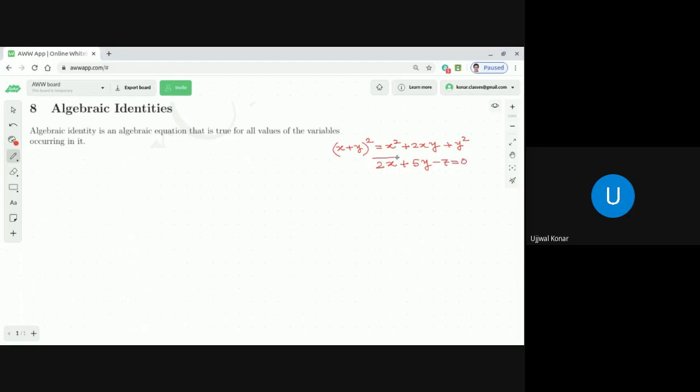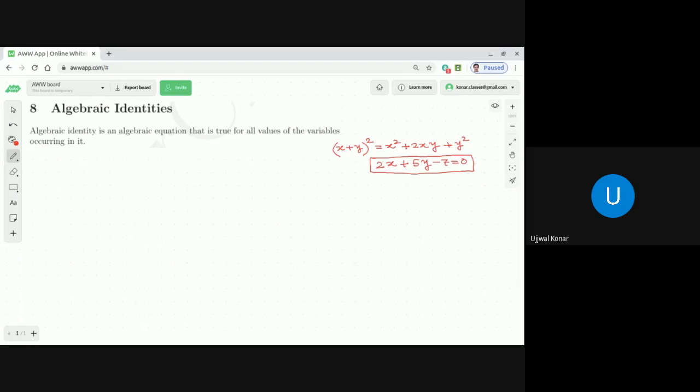This is an equation. It is not true for any value of x and y. To solve this one, you need another equation with x and y to find the values of x and y uniquely. And that is the fundamental difference between equation and identity.